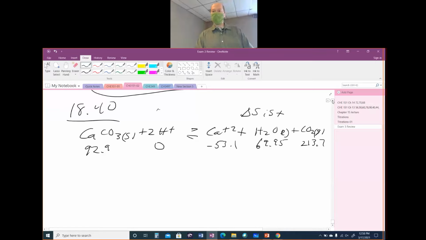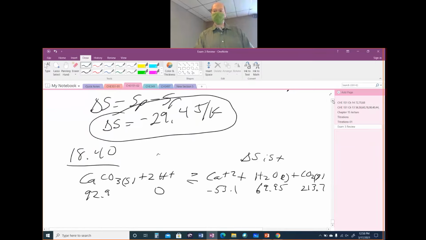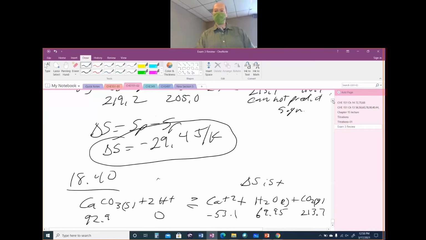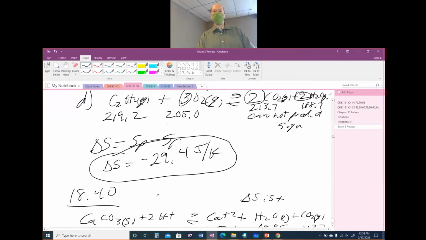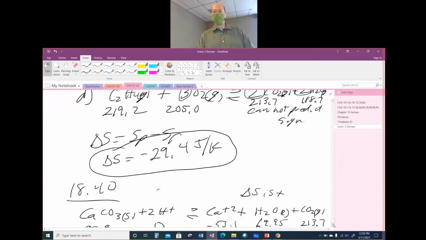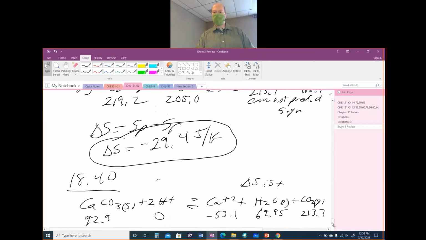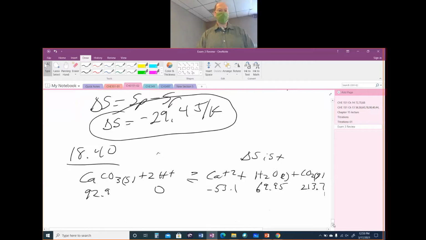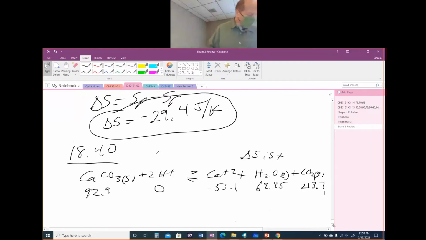And if you look at the previous number, it makes a huge difference. H2O liquid is 69.95. H2O gas is more than double that, almost triple that. It is 188.7. That's just more than double, not almost triple, I guess. Over 2.5 times as large.